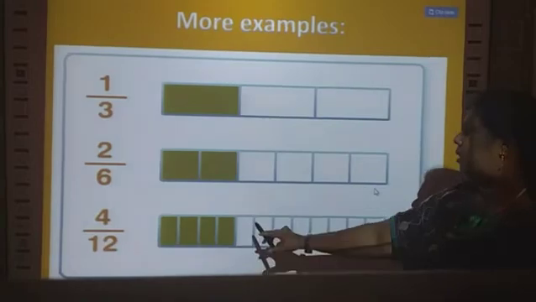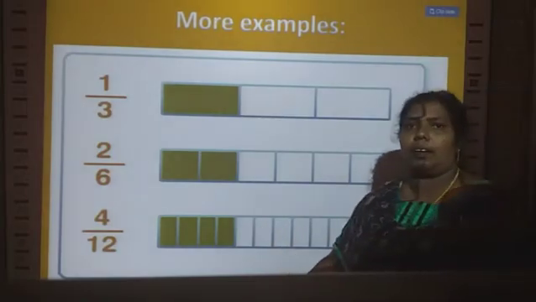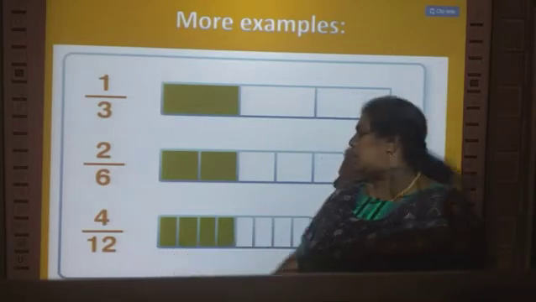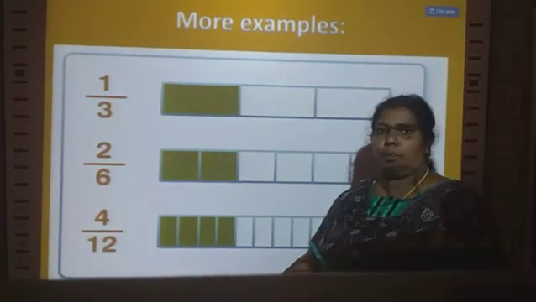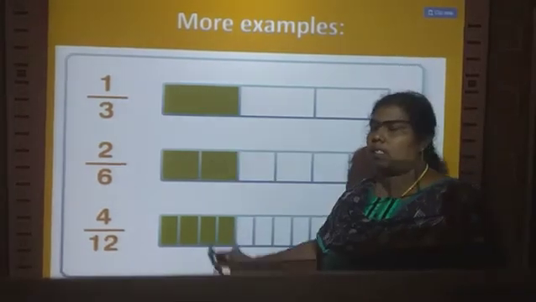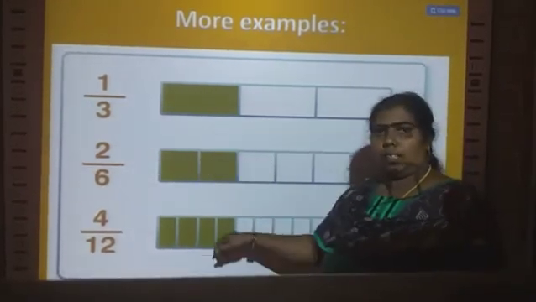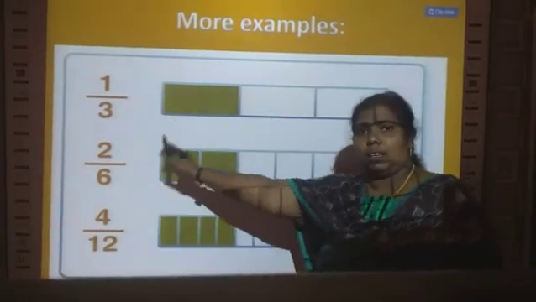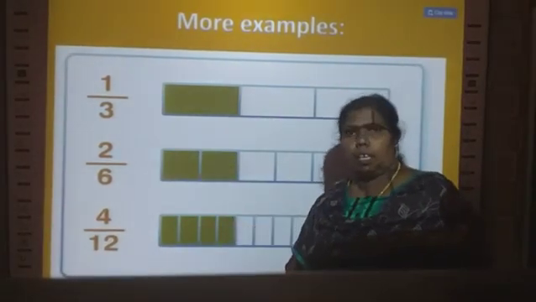Same like here also. Now see here, the same rectangle is divided into 12 parts but shaded into 4 pieces. It looks the same, right? So these 3 fractions are equal fractions.